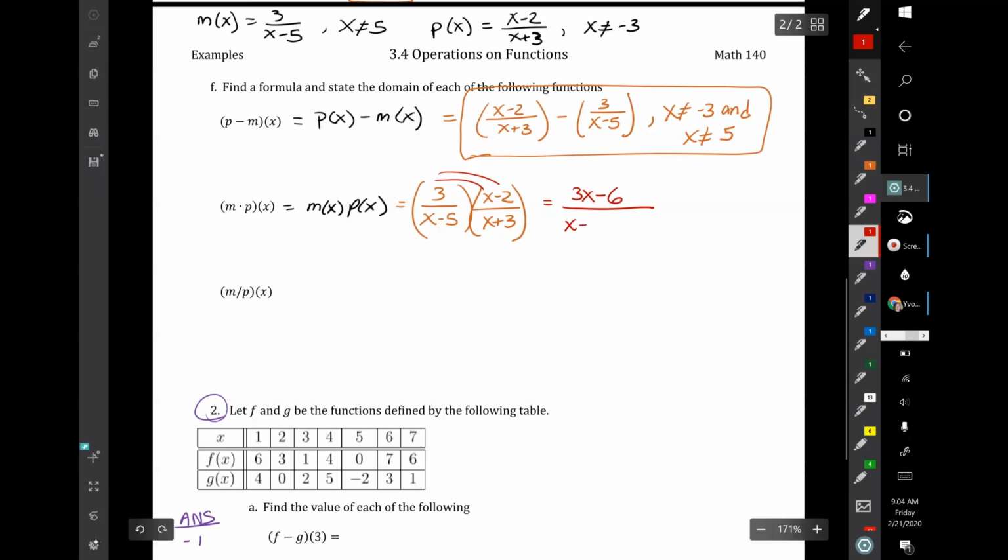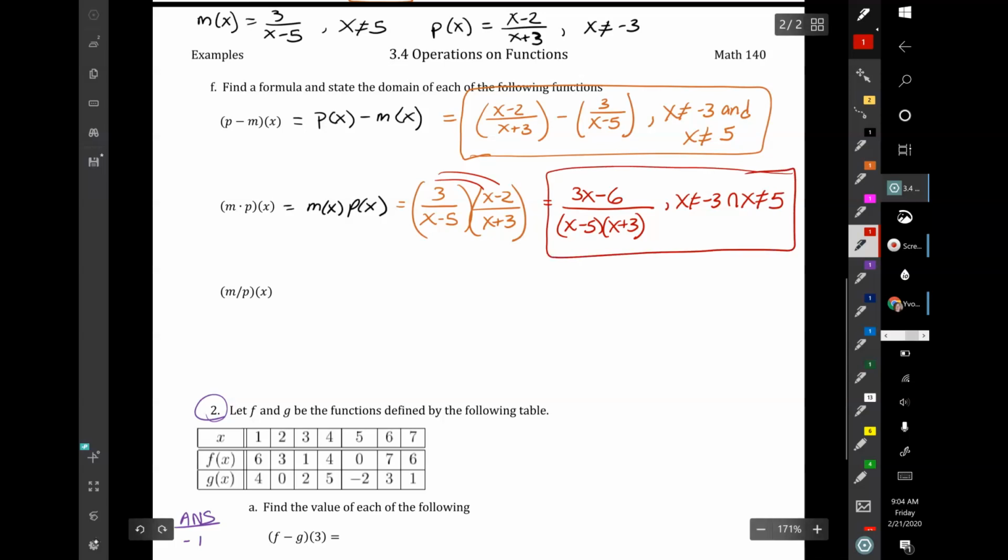So x minus 5, x plus 3. And now that it's factored, we have to check our new function and make sure it fits the domain. That would say x cannot equal negative 3 and x cannot equal 5, which is the same as what we had prior.